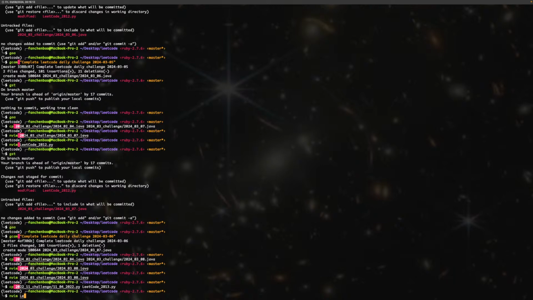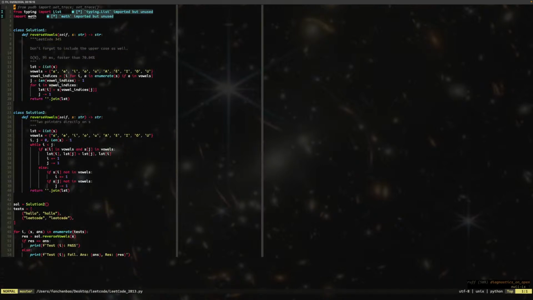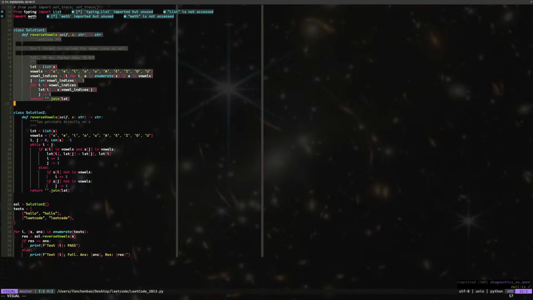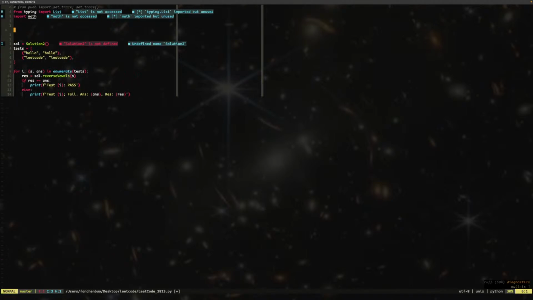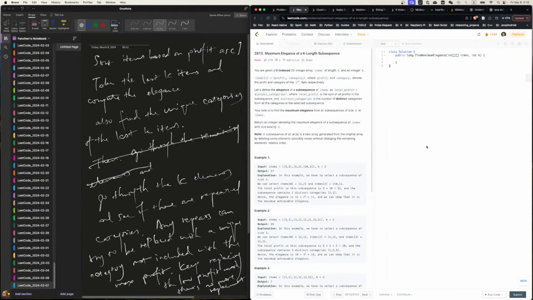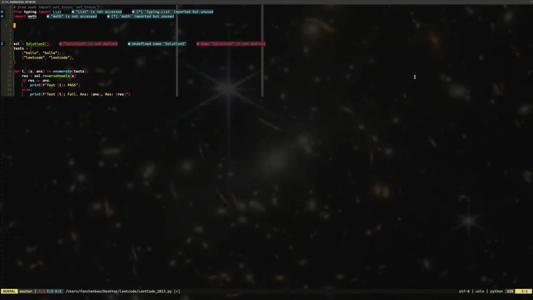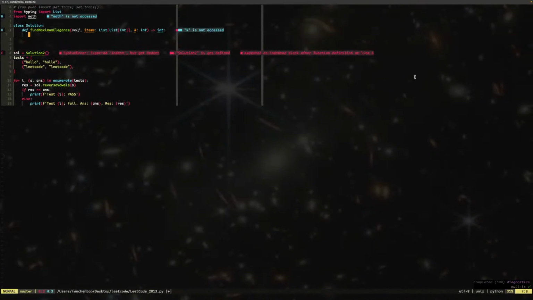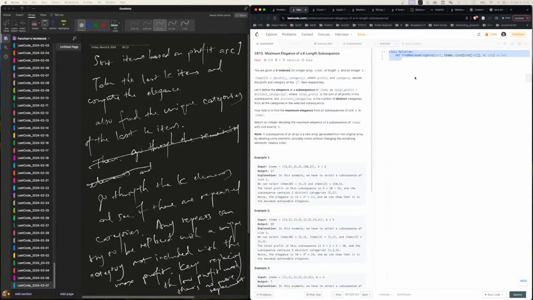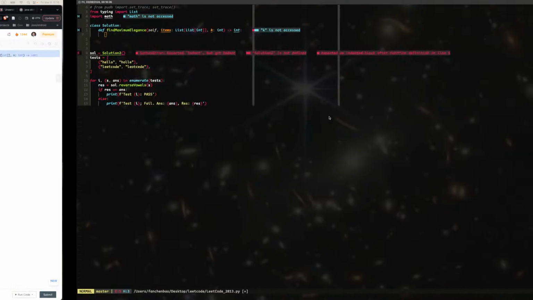Okay, let's try this. Okay, we will not do Java on this. All right, so first things first, we're going to sort items based on the profit. The first one's profit, right? Profit category, so perfect.